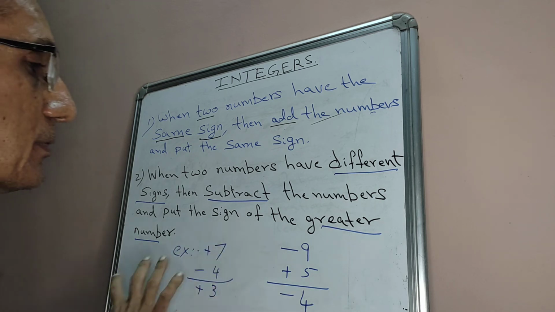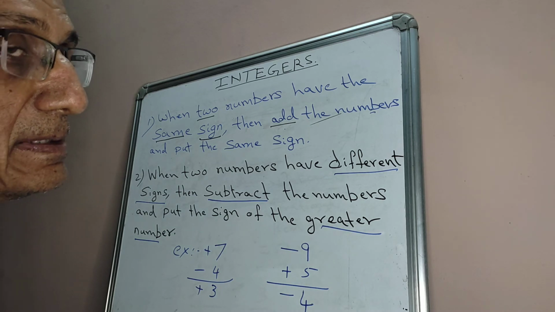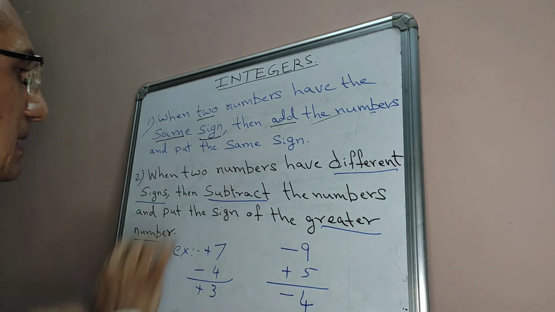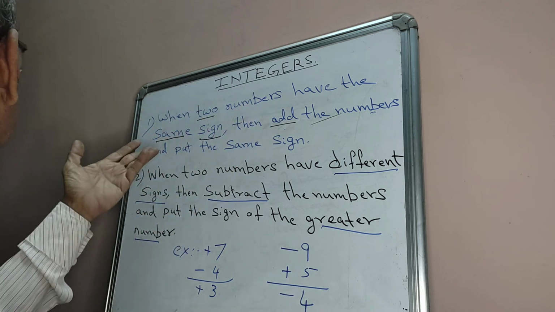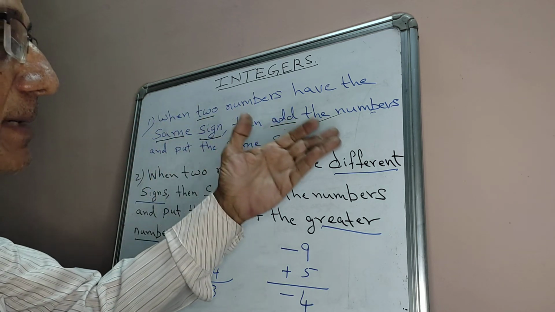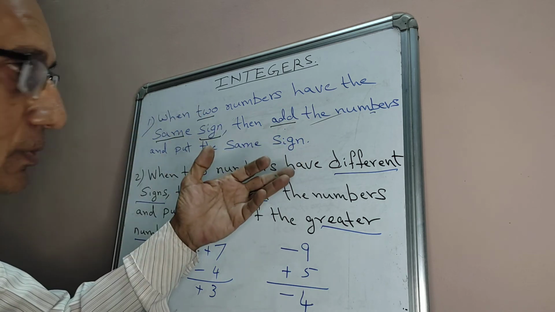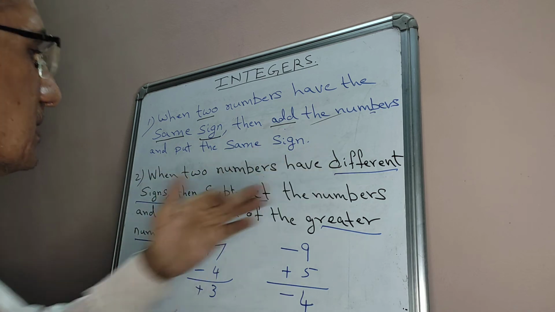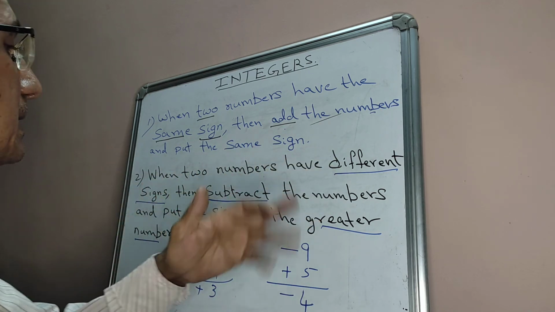This is how we operate on numbers under addition and subtraction. Based on these two rules, the first rule says when two numbers have the same sign, then add the numbers and put the same sign. I showed you the example. The second rule says when two numbers have different signs, then subtract the numbers and put the sign of the greater number.